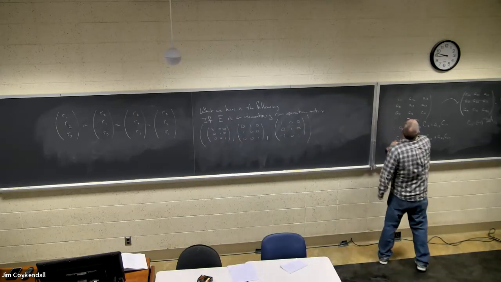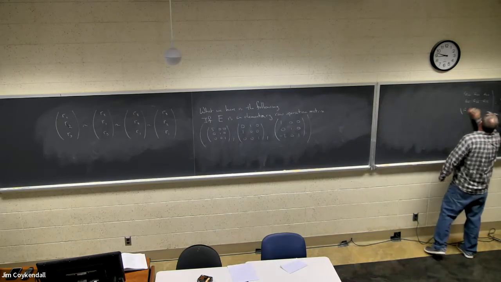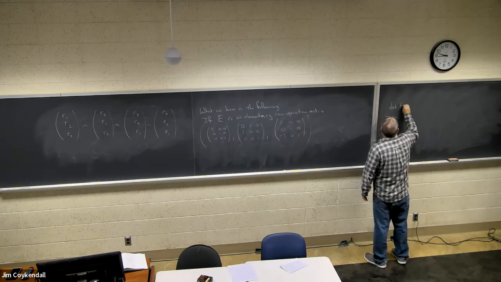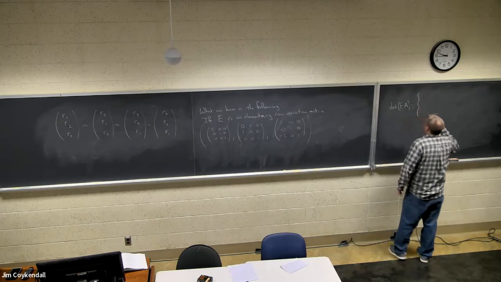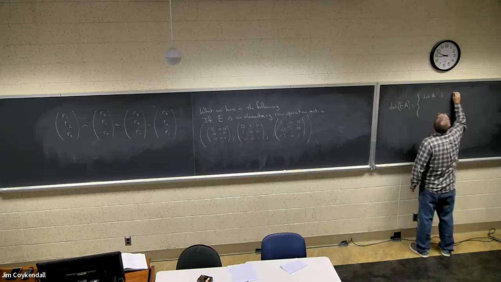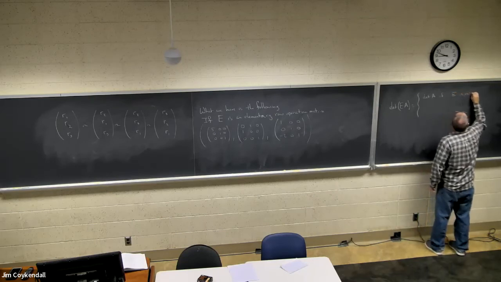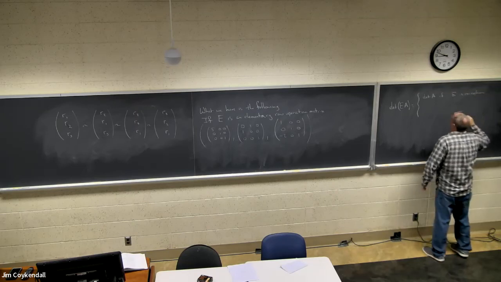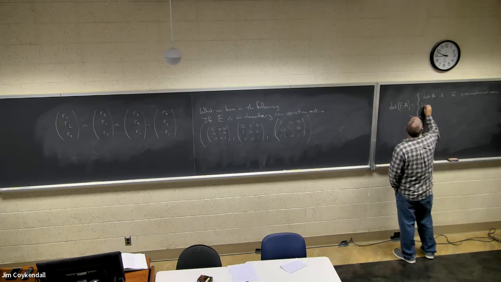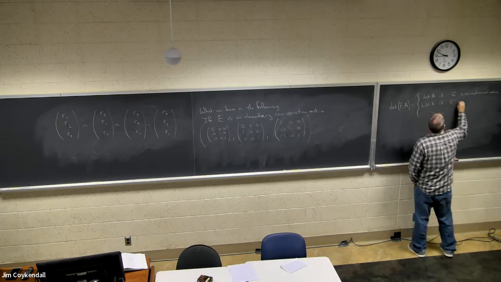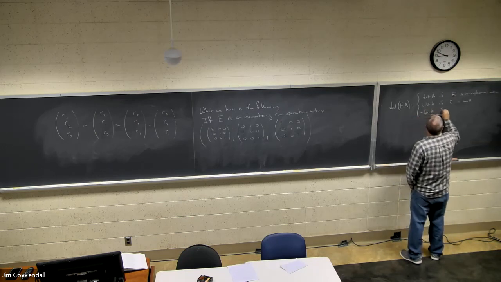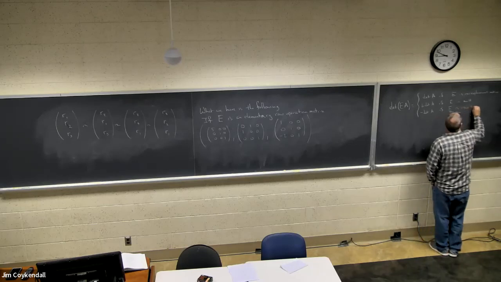Then what we've shown in all this is that the determinant of E times A is the determinant of A if E is a row replacement matrix, K times the determinant of A if E is multiplication of a single row by K, and -1 times the determinant of A if E is a row swap.